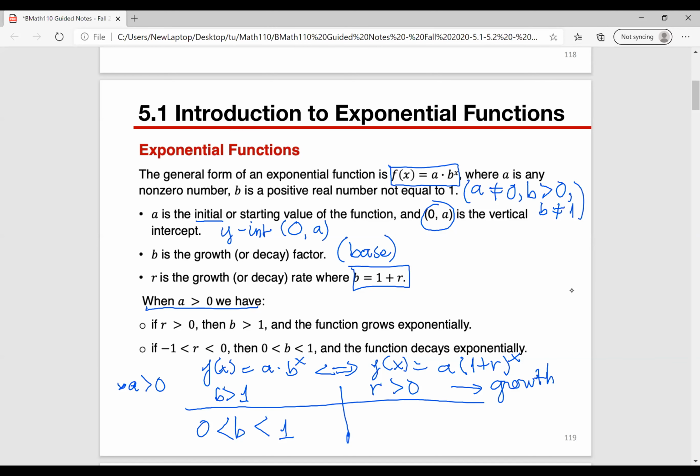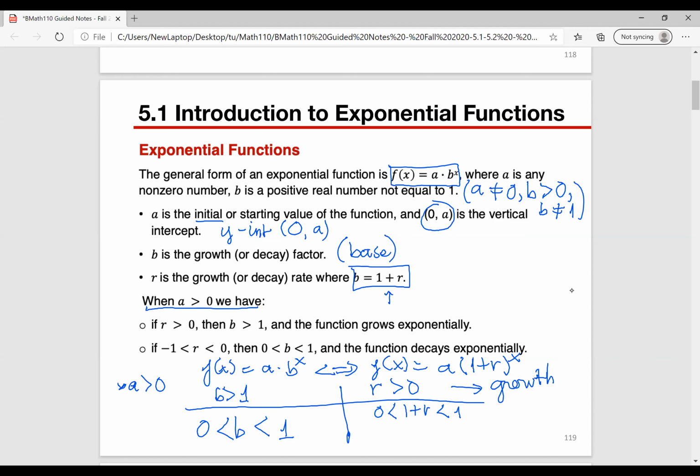If you substitute b equal to 1 plus r, then 0 is less than 1 plus r, and 1 plus r is less than 1, right? I just changed b to become 1 plus r.